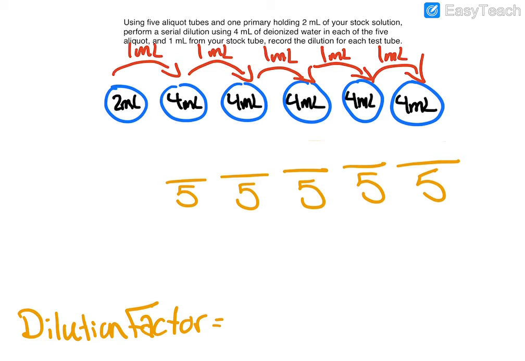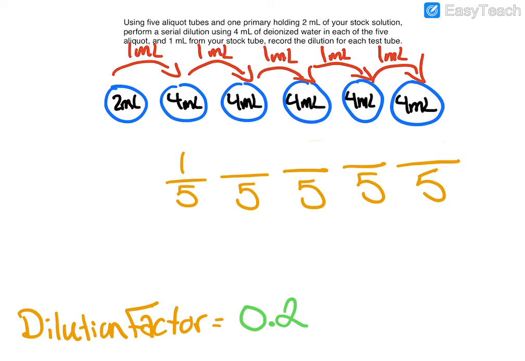So for our first dilution here, all we're doing is taking our 1 milliliter and adding it to the 4. So therefore our dilution for the first tube will be 1 out of 5. Now to get your dilution factor, all you have to do is divide this 1 by 5 and put it down here. So 1 divided by 5 is 0.2.